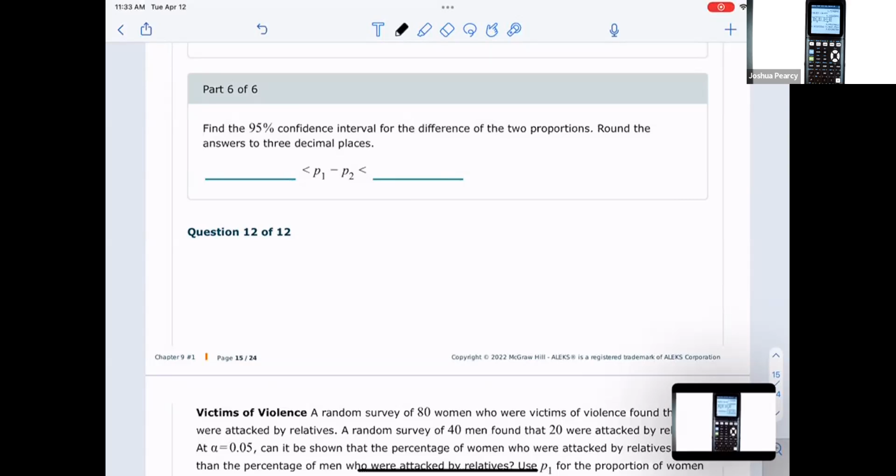Upper, it was point, yeah, something like that. I'm just going here and hit plus. 0.34287964048. That's what the calculator gives you. Now it'd be the answer to part 6.